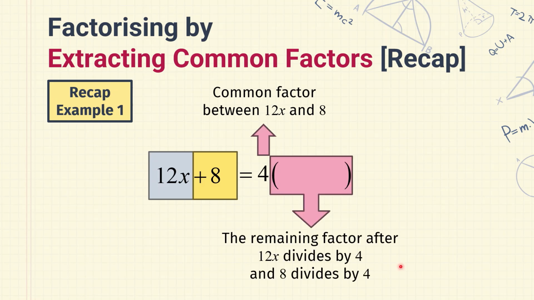This remaining factor will consist of your 12x after dividing by 4, as well as 8 after dividing by 4. 12x divided by 4 gives us 3x, and 8 divided by 4 gives us a positive 2. Therefore, the factorization of 12x plus 8 will be equal to 4 times 3x plus 2.